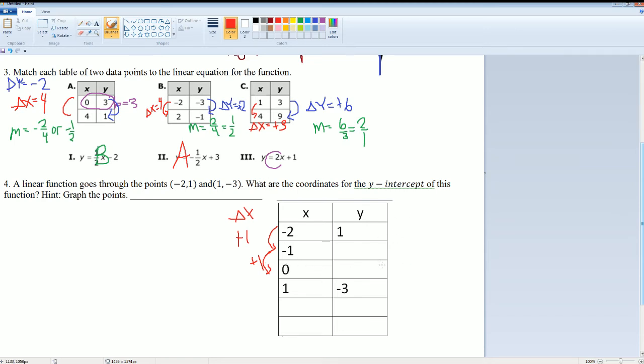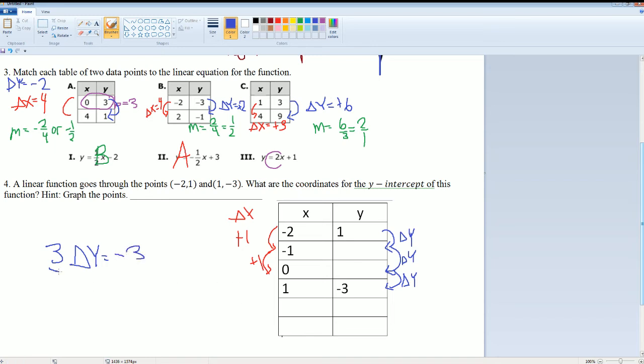So from here to here, this is your delta y. Then you do your delta y again. Then again. How many delta y's did you do? 1, 2, 3. So 3 delta y's is equal to -3.